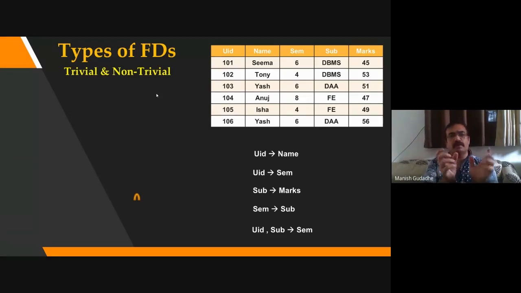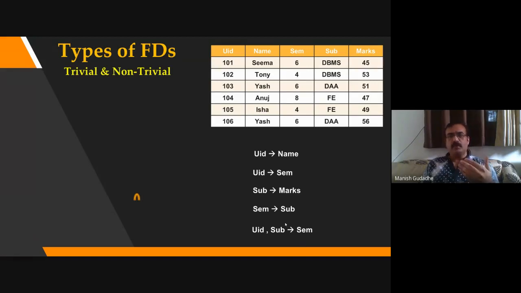But right now, we will be talking about trivial and non-trivial FDs. These two terms are going to appear in the definition of normalization, and at that time the application of this will be very clear. But right now we'll try to understand the concept. This is a data set on which these are the FDs which hold or which exist.